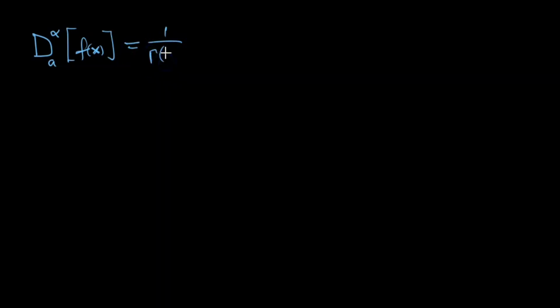So this is 1 over gamma of m minus alpha. I'm going to discuss what m stands for. This is the mth order derivative. M is actually an integer, but I'm going to explain what it means. This is the integral from a, where a is the lower bound like I explained, up to x of, let's rewrite our function in terms of a dummy variable. And this dummy variable is going to be tau.